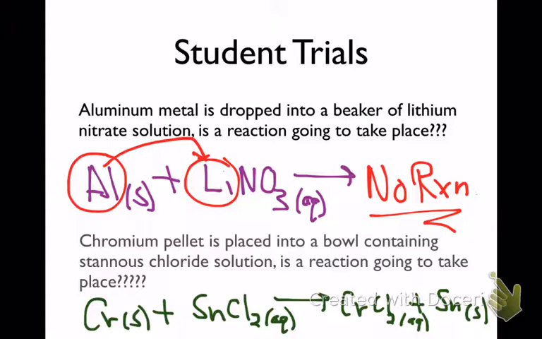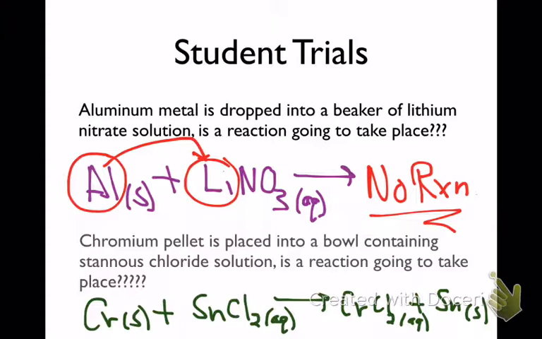You notice again, I had to make a decision using my activity series as to whether this would really happen or not. I look at this skeleton equation and I notice that it is already balanced, and there's our final equation. So the key thing with single replacements, you've got an element interacting with an ionic compound.